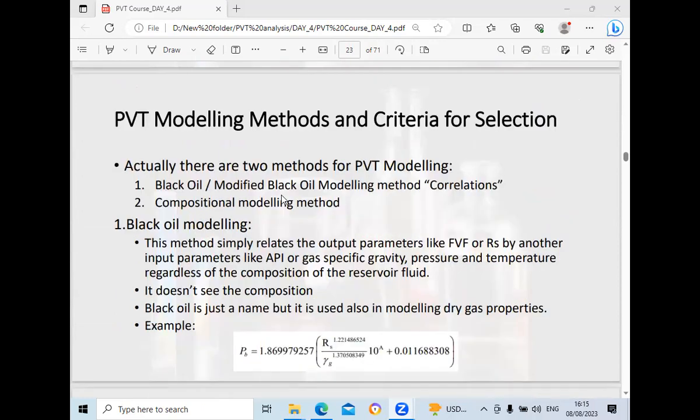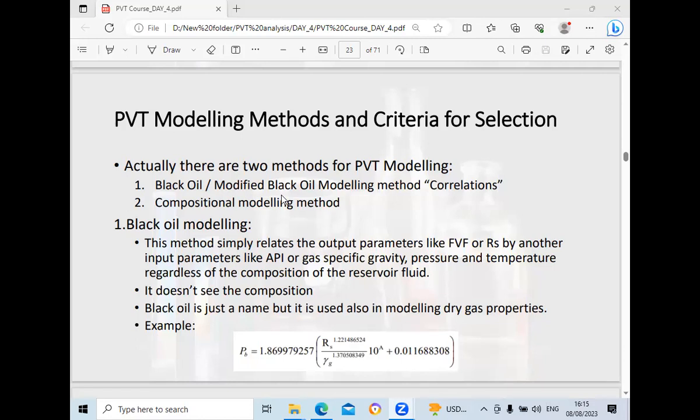So the next aspect is PVT modeling methods and criteria for selection. What are the various modeling methods that exist, and why do you have to choose a particular modeling method? We are talking of the black oil model and the compositional model.